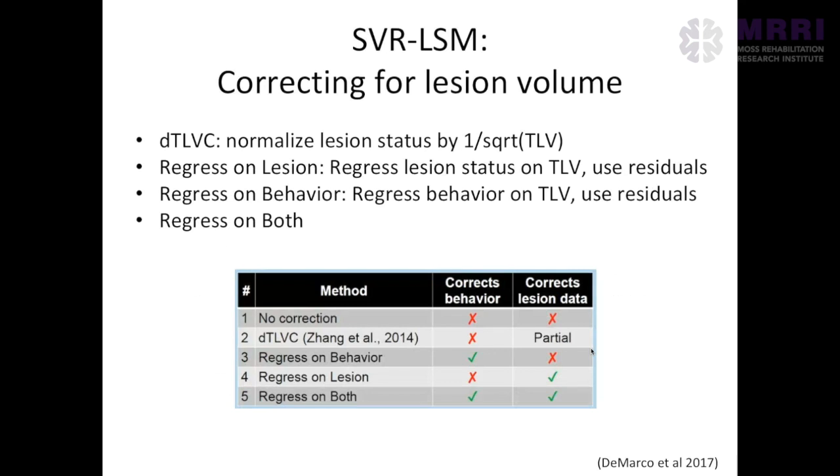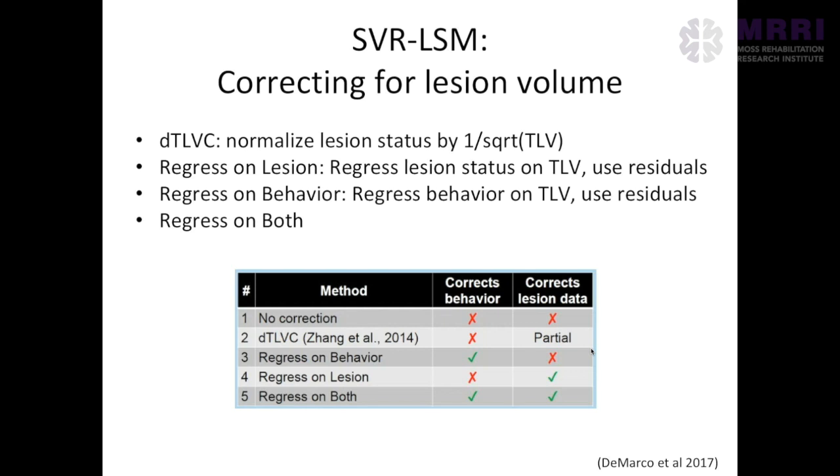In terms of correcting for lesion volume, the reason we want to do this is that we know there's a global relationship: people who have larger lesions tend to do worse behaviorally in general.